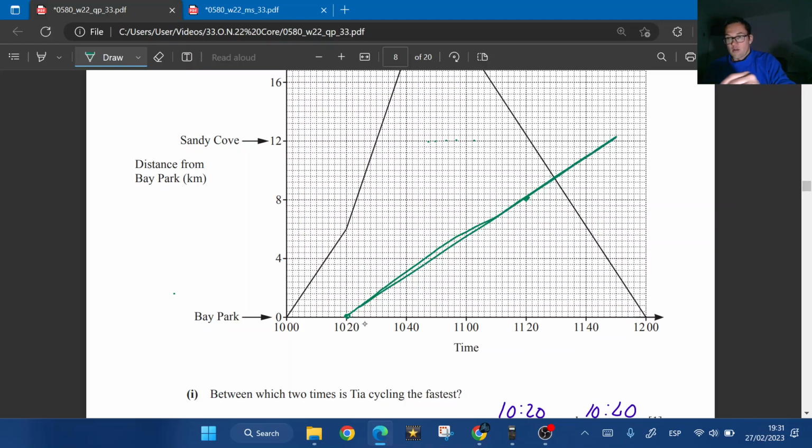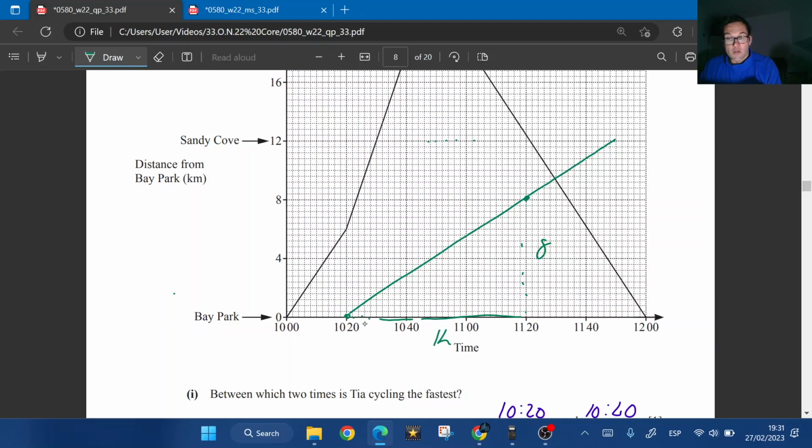Okay, gonna have to redo that line. Luckily I used a pencil to draw it. Struggling a little bit on this smooth screen. That's it. So you see, this is 1 hour, he traveled 8 kilometers, and that's 8 kilometers per hour.